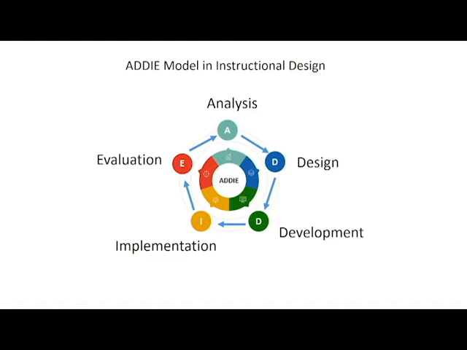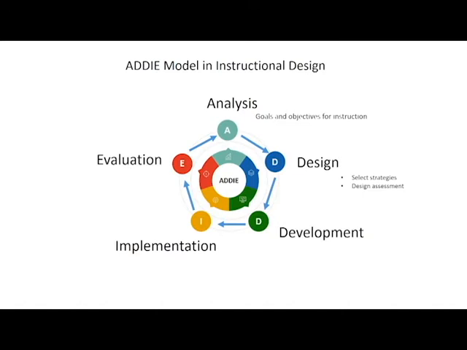It is also recursive. For example, in the analysis phase, we define goals and objectives for instruction. This will affect the design, meaning we'll select strategies and also how to develop assessment.